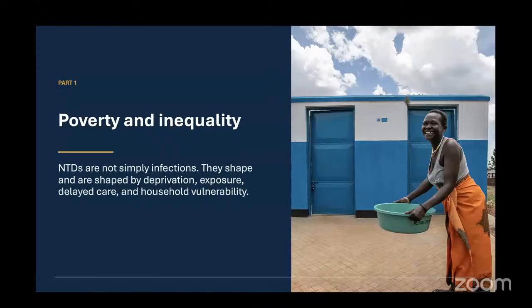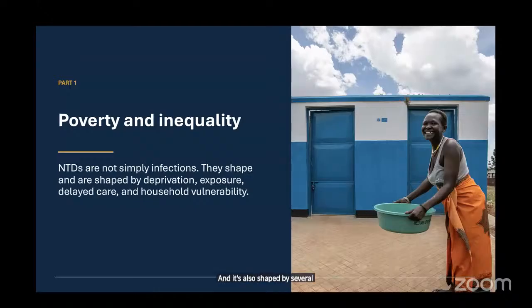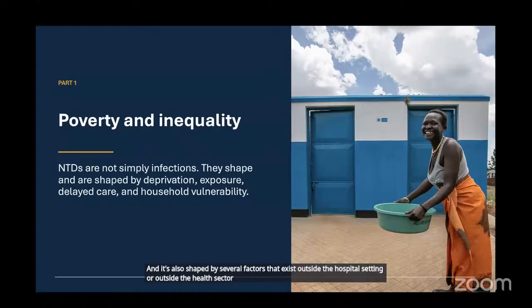So the poverty and inequality nexus or link that we established for NTDs, we need to see it not simply as an infection, but as something that shapes and is also shaped by several factors that exist outside the hospital setting or outside the health sector. Chief key amongst those is deprivation.